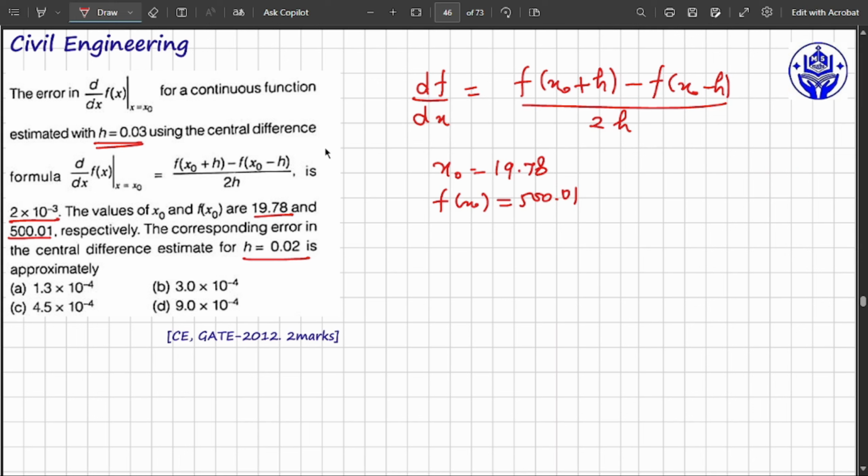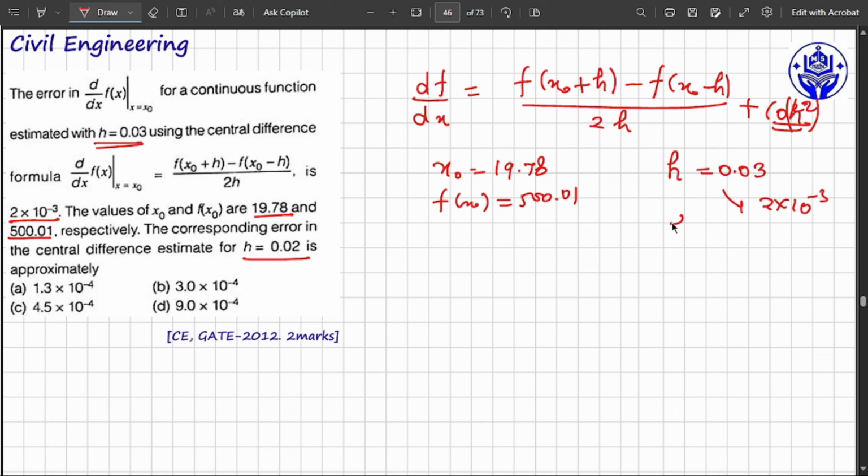Basically, the error in the central difference is, because this is a central difference, a Taylor series truncation of order 2. So the order of this scheme is 2. If its order is 2, and h is 0.03, then the error will be 2 into 10 to the power minus 3. So it is given.